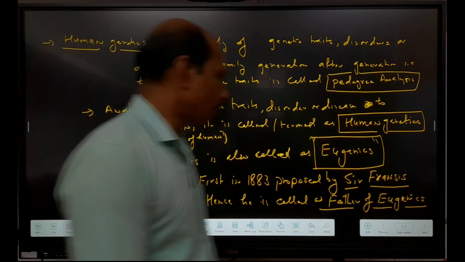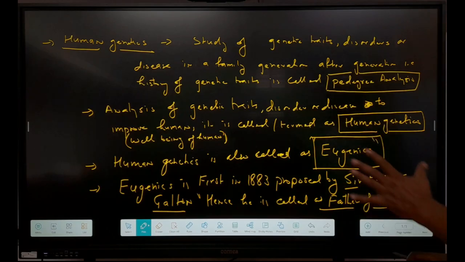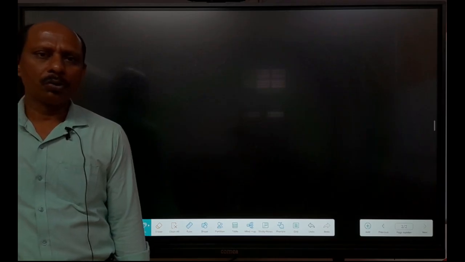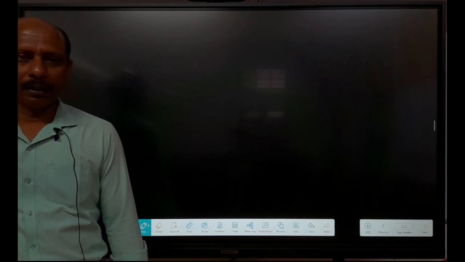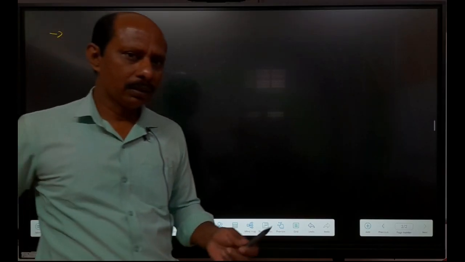Okay. Now some symbols which Sir Francis Galton, or we can say we, use in pedigree analysis. Some symbols are also given in our NCERT and some other symbols are also there. So first we have to see all the symbols, so that we can understand the whole family pedigree analysis. Because one question will come, right?